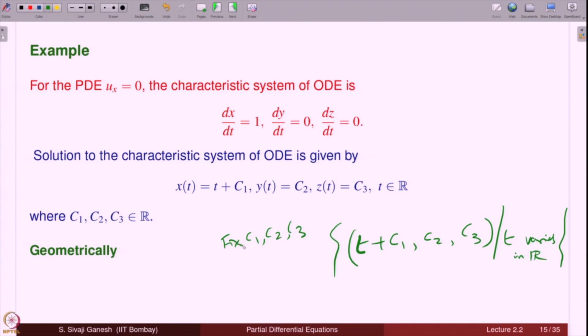This is a line, right. Second coordinate, third coordinate are fixed, first coordinate will give you entire R. So, this is precisely what you get: R cross singleton C1... rather, R cross {C2} cross {C3}. Second coordinate is fixed, third coordinate is fixed, first coordinate can be any real number. So, that is what we get.